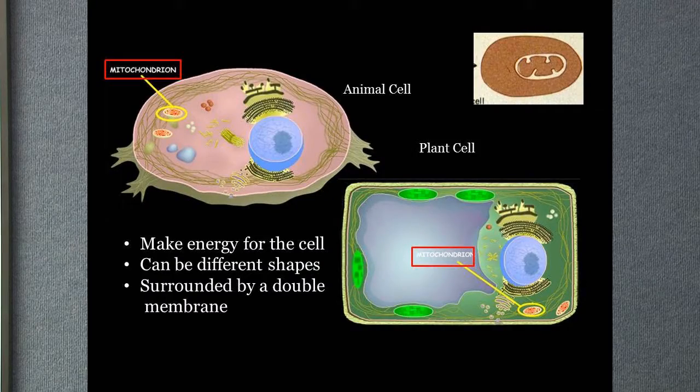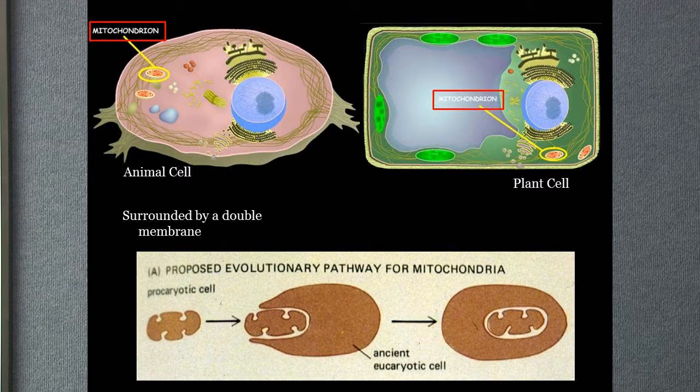And what they do is they can change shape. In fact, mitochondria are moving around inside of a cell. And they're also surrounded by a double membrane, just like that. As you see, this is a mitochondrion right here with two membranes.